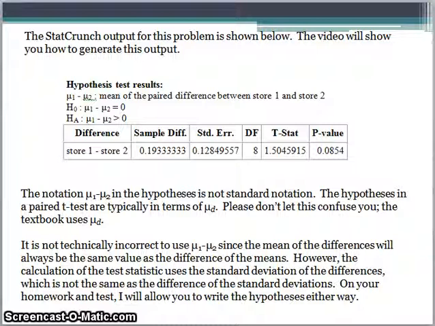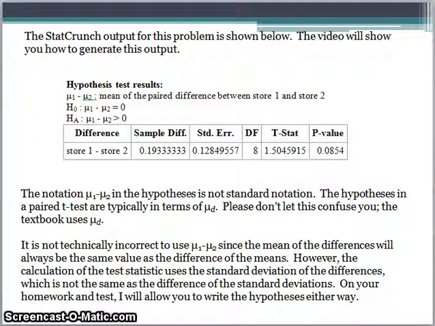Here's what the StatCrunch output looks like. And actually there is the sample difference. So store 1 minus store 2 has a difference of about 19 cents. So that means that according to our sample, store 1 was about 19 cents more expensive than store 2. The notation here in StatCrunch, mu1 minus mu2, I've never seen that notation before.